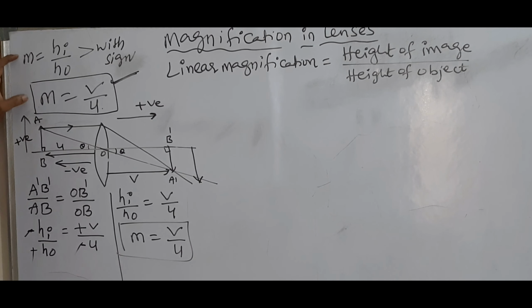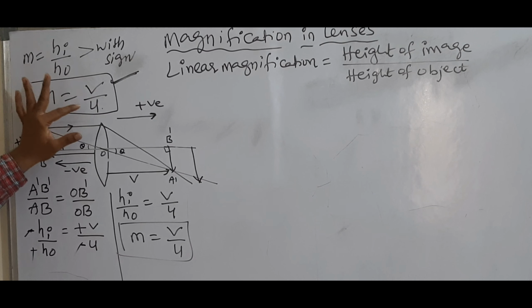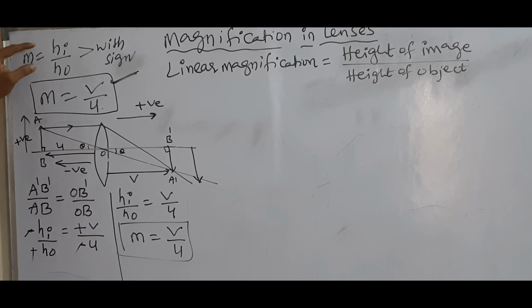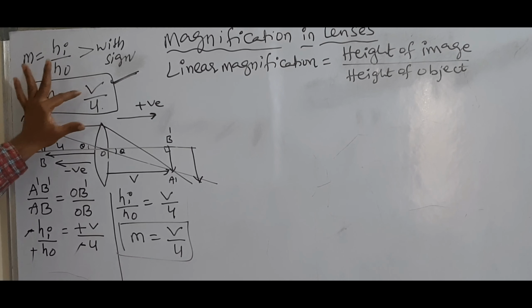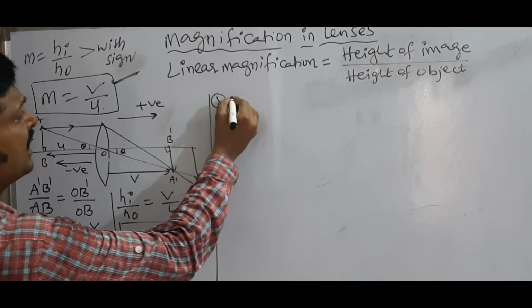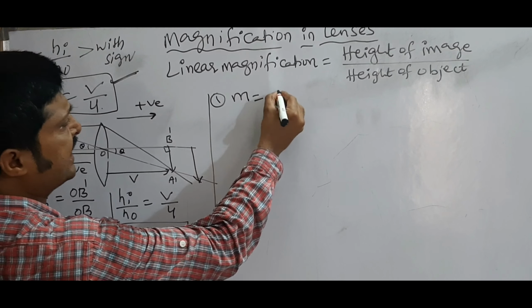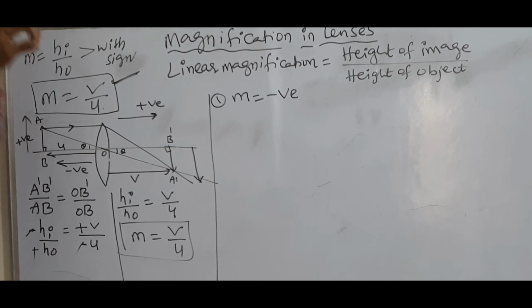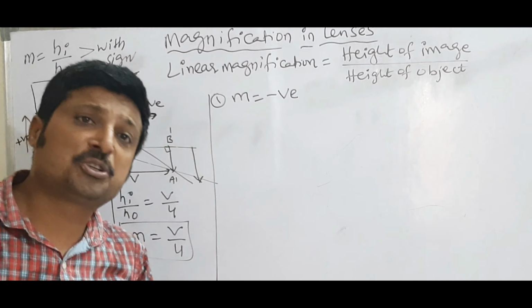So remember one thing. Magnification in lenses is expressed in terms of heights and in terms of object and image distances. So magnification equals height of image by height of object, or magnification equals V by U. Now see here, if magnification is negative, which type of image is that, real image or virtual image?